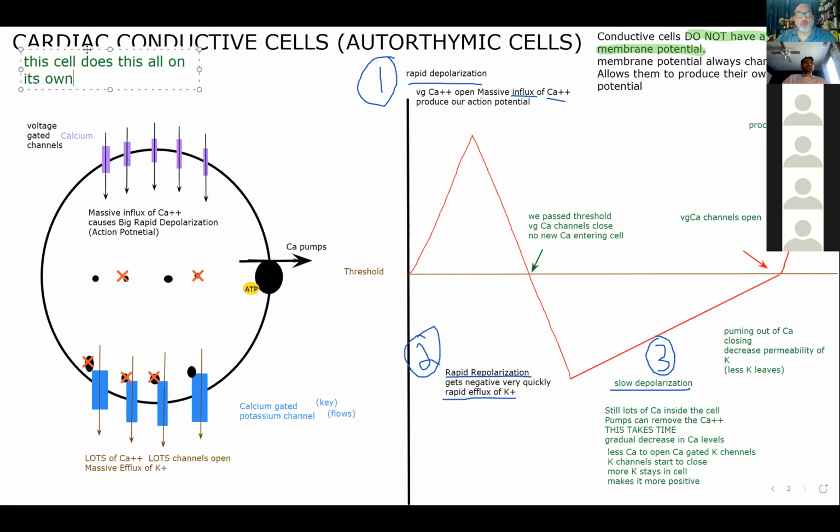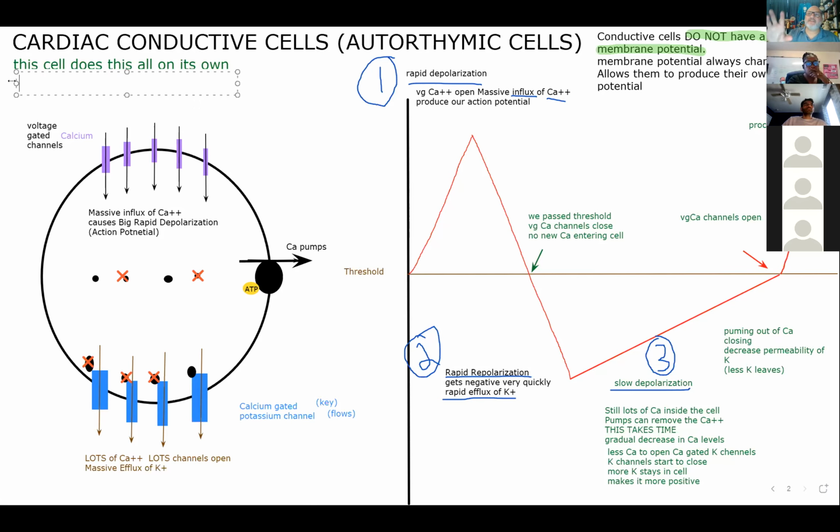Which is great, except do you want your heart beating 100 beats a minute all the time? No. So while it does this all on its own, we need to be able to modify it.